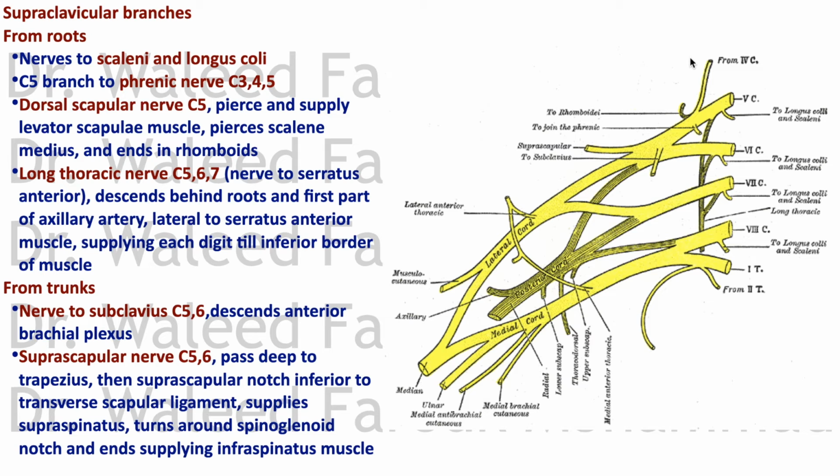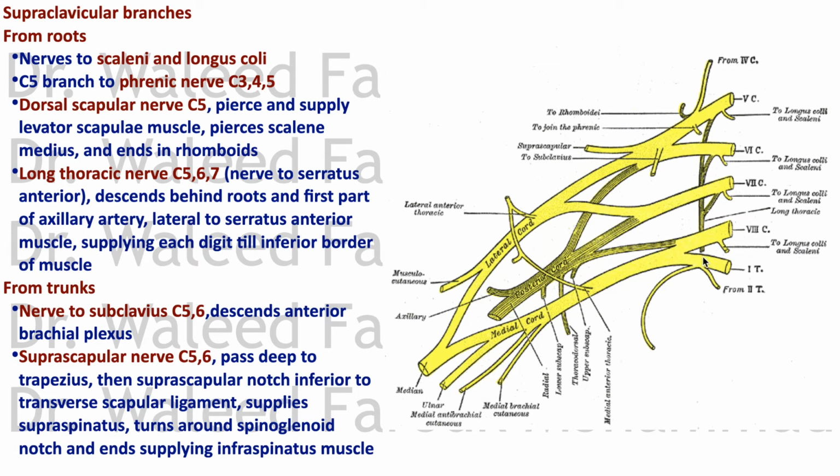The dorsal scapular nerve, or nerve to rhomboids, C5, pierces and supplies the levator scapulae, pierces the scalenus medius and ends in the rhomboids. The long thoracic nerve, C5, 6, 7, is the one that descends behind the roots. Yes, learn that. Behind the roots.